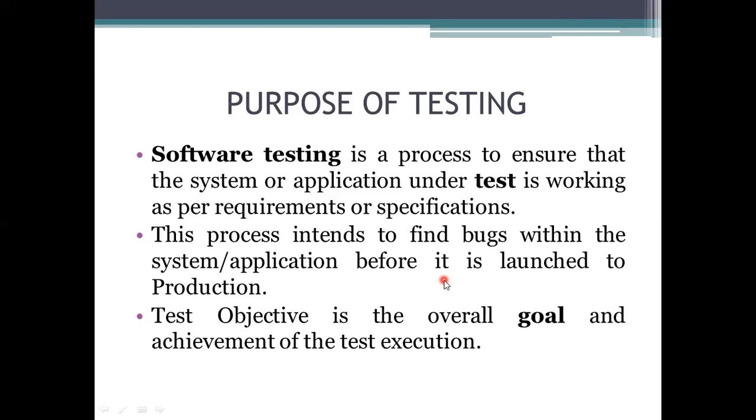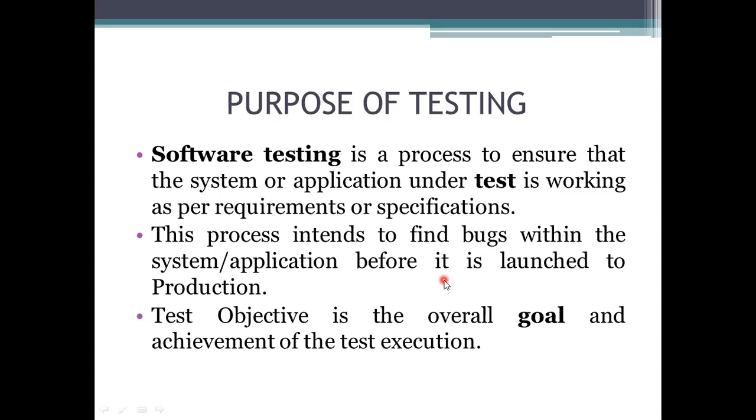And then next, we need to find the bug there. We need to check whether it is providing a bug or not. It is not about showing that it has been successfully executed. A tester needs to check whether it is providing bugs or not, from that point of view.